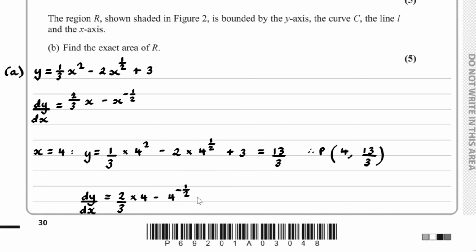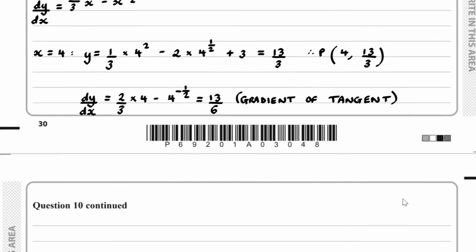If we work out what this is, it turns out we get 13 over 6. And this 13 over 6 represents the gradient of the tangent.